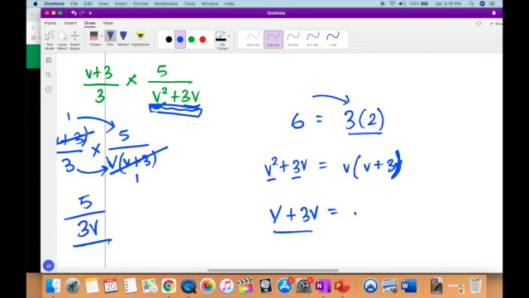If I pull the v out, right? v times what will give me v? v times what will give me 3v? So we can just see 3 plus 1 is 4v, but look, we don't know that you can add v and 3v to give you 4v.